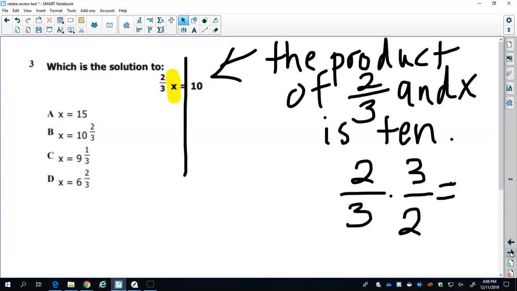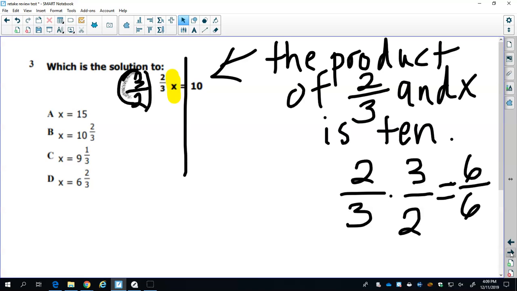Because if I multiply 2/3 times 3/2, I get 6/6, and 6/6 is just 1, okay? So I'm going to show that over here with my problem. So I'm going to multiply both sides of this equation by 3/2.